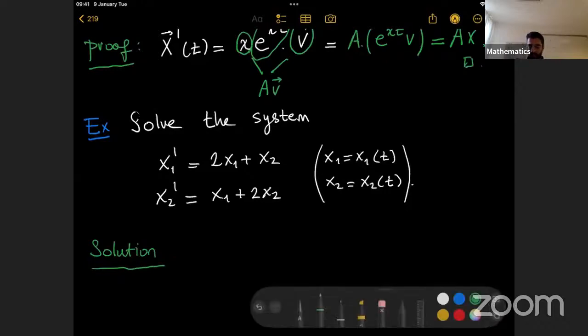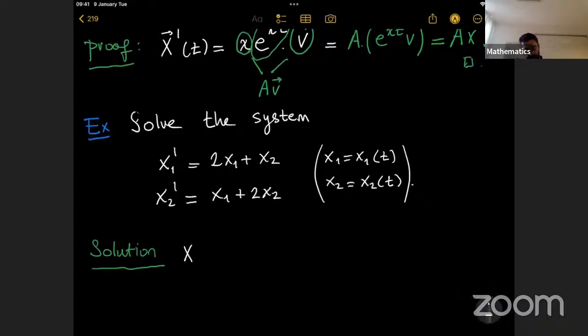Let's solve it. First, we write the corresponding system with the matrix. Let's say x, the vector, is x1 and x2.